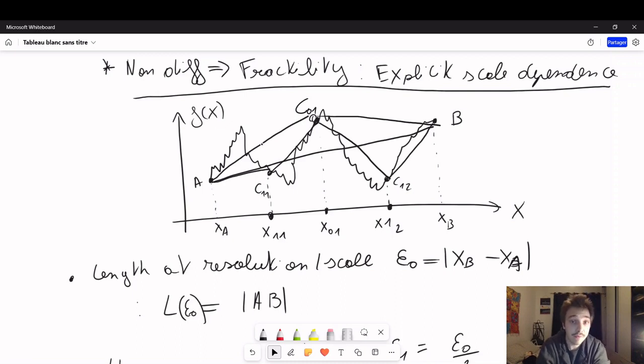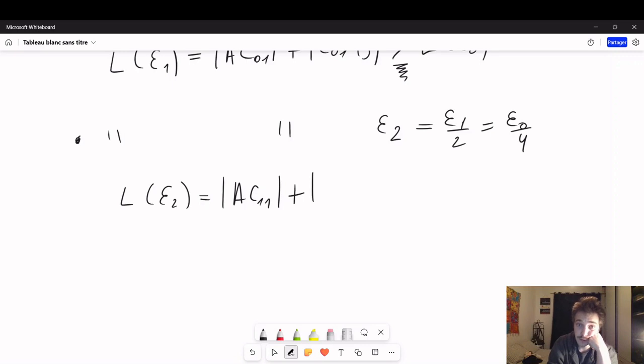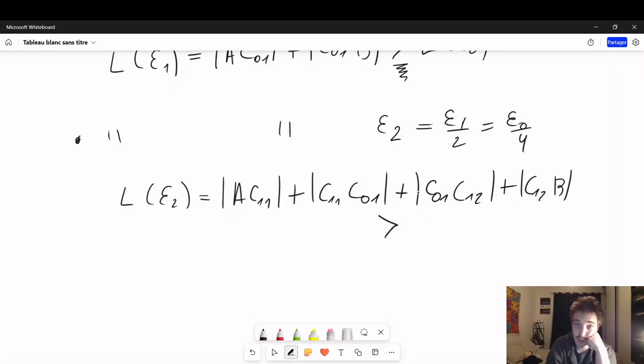You get a length that is again strictly bigger than the first. So again here, let's write it down explicitly. The length measured at length scale epsilon 2 is just A C11 plus C11 C01 plus C01 C12 plus C12 B. And this is strictly greater than the length at the previous resolution scale.